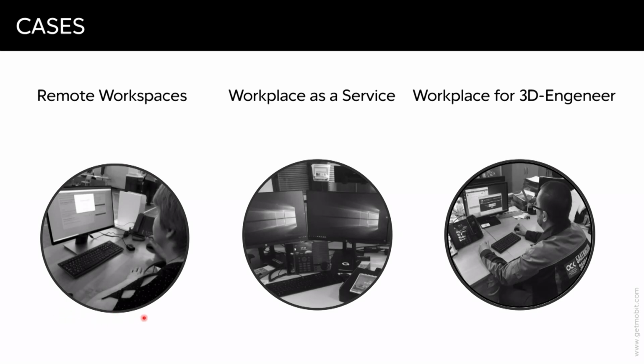And for remote workspaces, our dock station can be connected to your corporate network through a virtual private network channel. We support different solutions, but again it will be cryptographic and secure, connecting our device to your network infrastructure from a remote location. You can also use it as a typical workspace in your company on premises or as a service model.